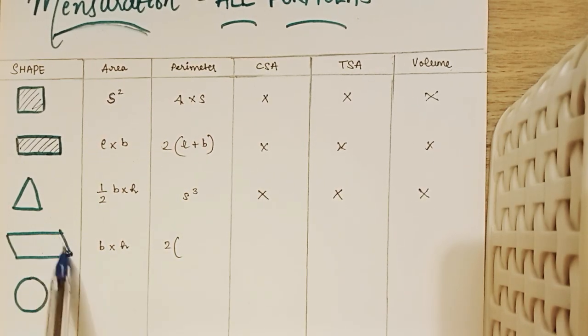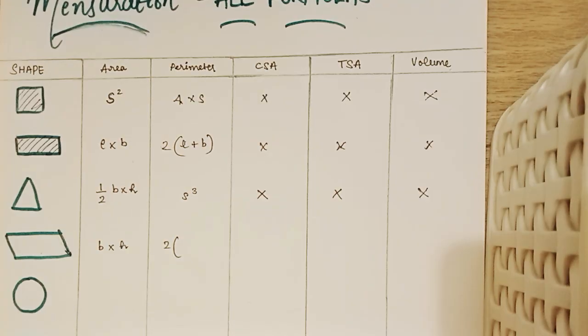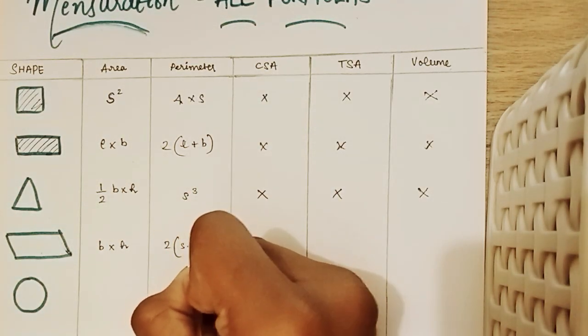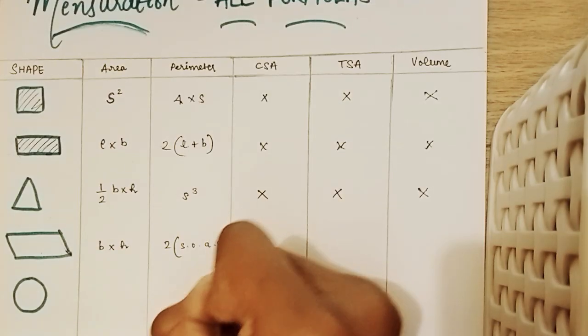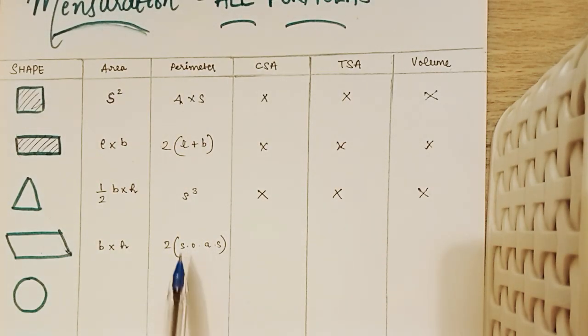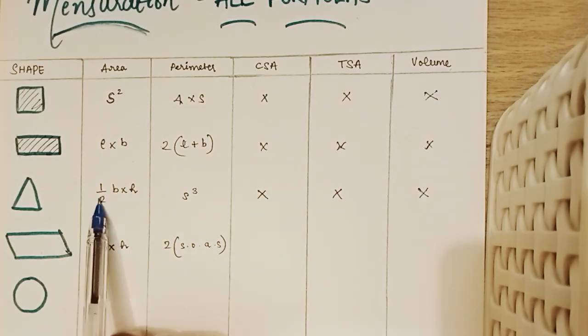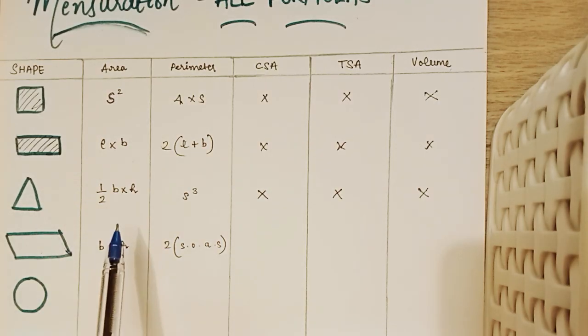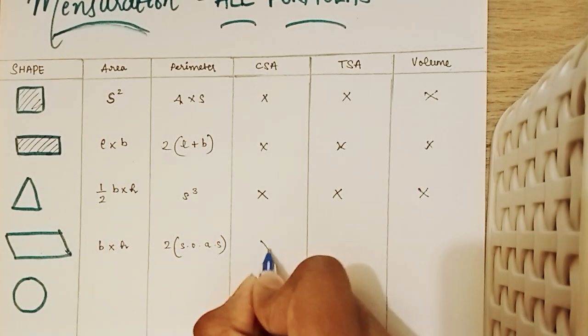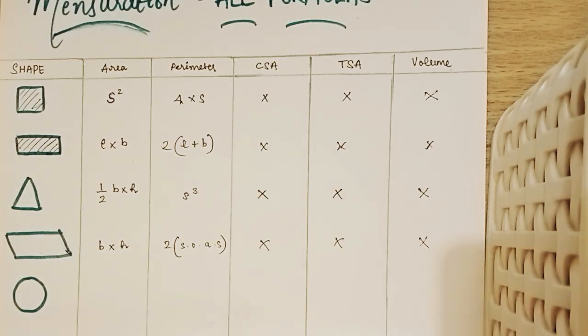This is the adjacent side of a parallelogram. So 2 into the sum of adjacent sides is the perimeter of a parallelogram. Again, since it is a 2D figure, no CSA, TSA nor volume.